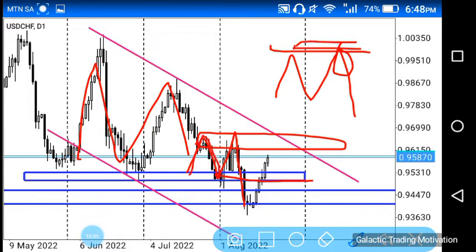Similarly, this tells us that we have a lot of stop losses that are placed in this region, and price may actually push further up to trigger all of those stop losses that are here, and to also grab some liquidity and then possibly push further down.